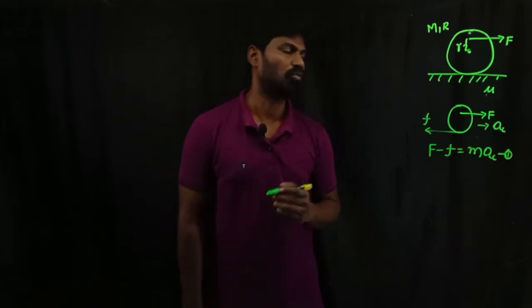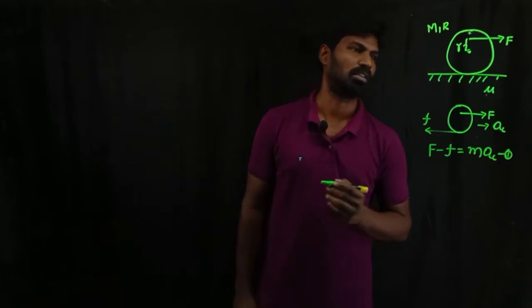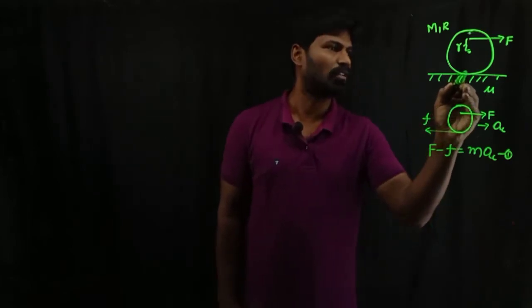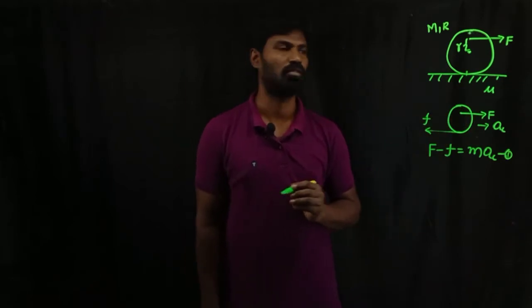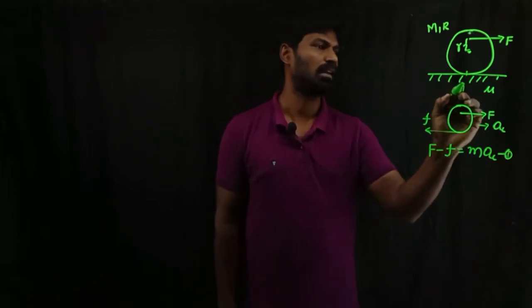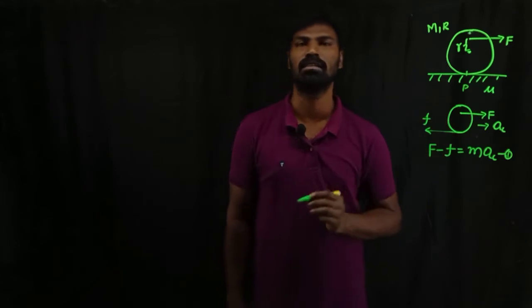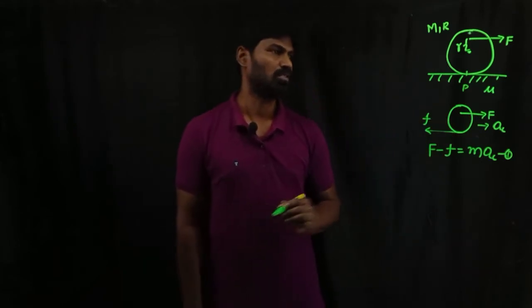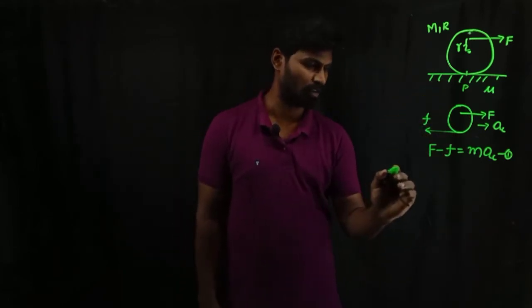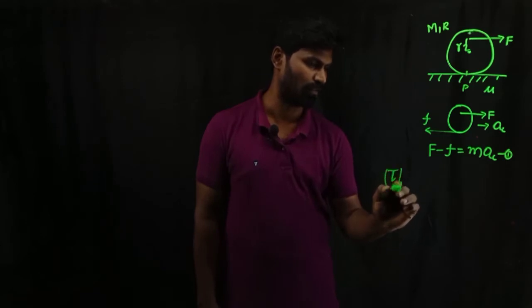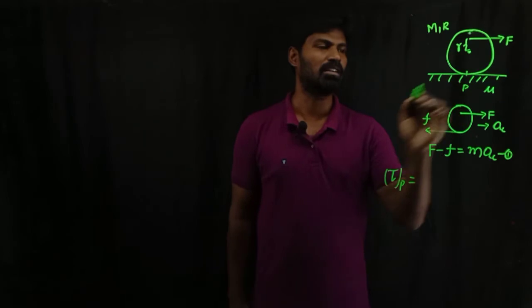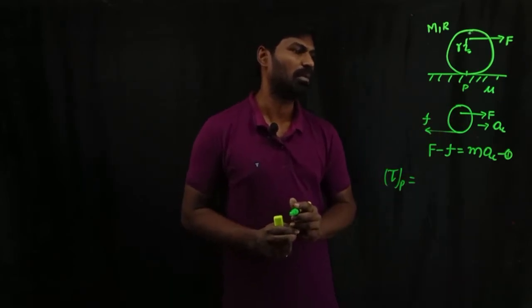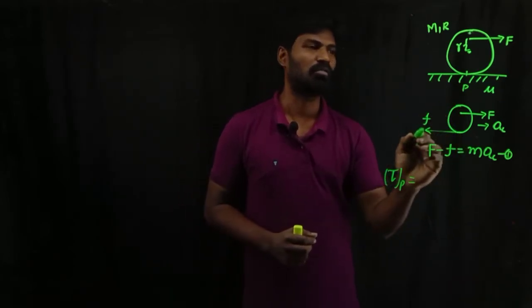torque. To find the torque, I am using this expression, because when a body is undergoing pure rolling motion, the point at which the body is in contact with the floor, that is point P, can be considered as the instantaneous center of rotation. So I am writing down the torque equation about point P, the point of contact. Why did I consider it with respect to P? Because here the torque due to frictional force is 0.